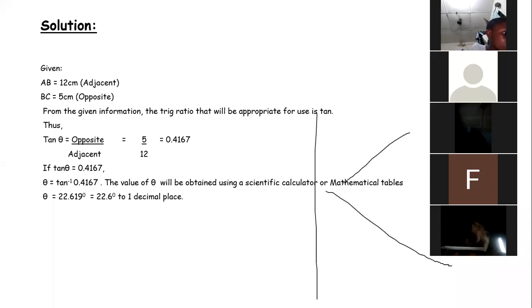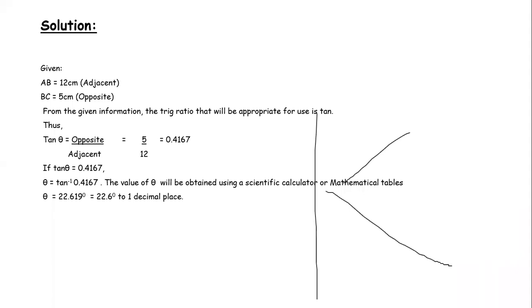You will have 22.619 and so on. You will have a recurring decimal.